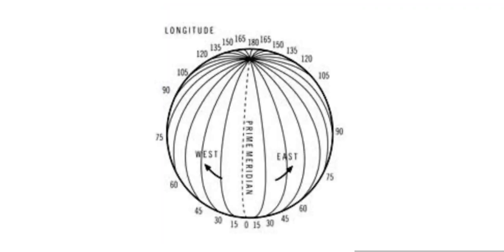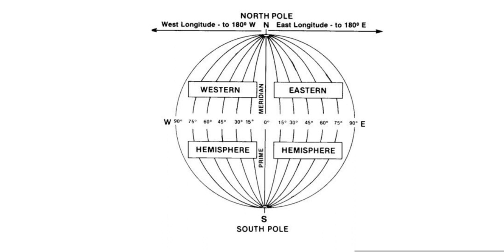This meridian is called the prime meridian. The area lying towards the east of the prime meridian is known as Eastern Hemisphere, and the area lying towards the west is known as Western Hemisphere.